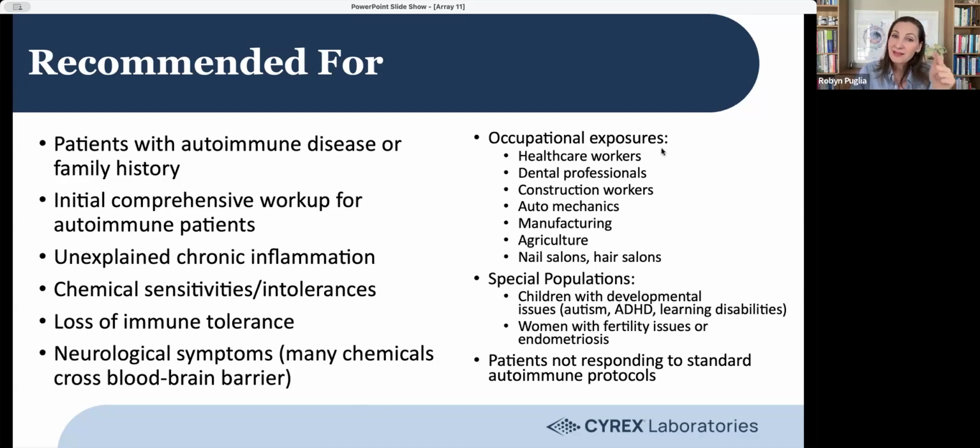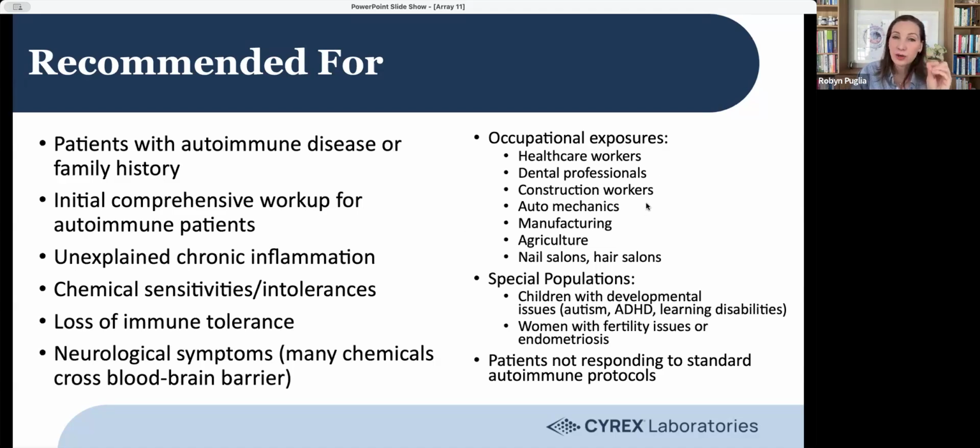So we are thinking about some occupational exposures, healthcare workers, dental professionals. In fact, people that work in hospitals and medical clinics have a significantly higher body burden than just the average Joe on the street. So understanding that when we're working in sterile environments, the chemicals required for sterility and for cleanup, in fact, create significant exposure on a daily basis.